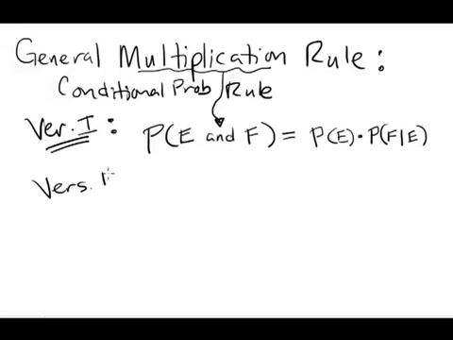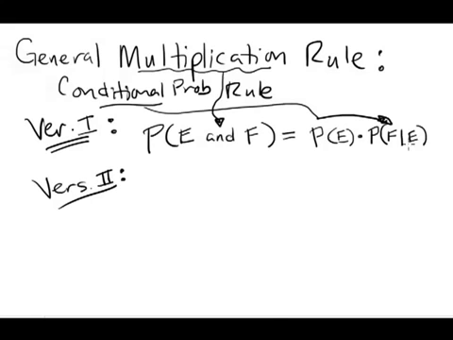Another way to do this, I'll call it version 2, is really simple. Look at the right-hand side. If you divide both sides by the probability of E, it ends up in the denominator on the left side, and I have this conditional. That's where the conditional part comes in. It's F given E, where E is the conditional part.